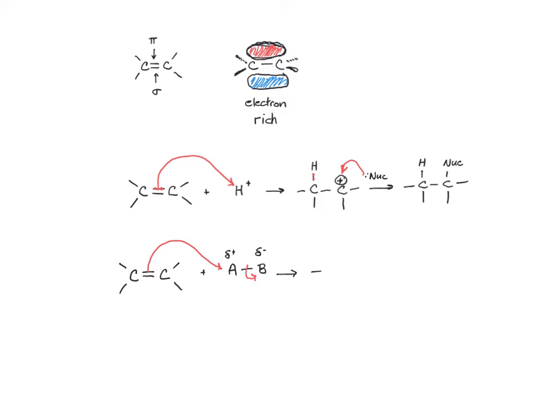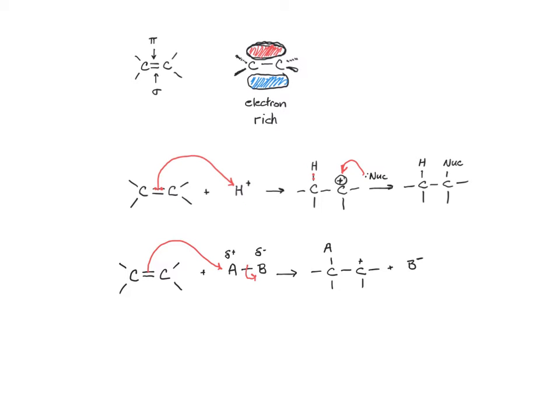So what we would wind up with is initially getting a bond between one of the carbons and A, and like we saw before, we would form a carbocation intermediate, which we said could rearrange, but let's not worry about that right now. Okay, and then of course we'd be left with some anion.